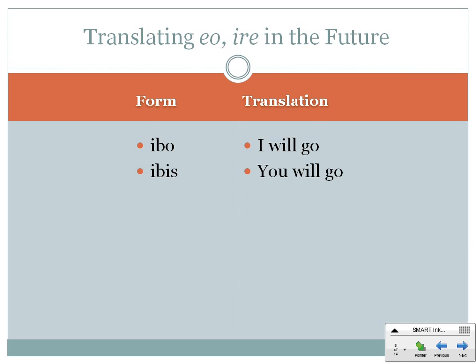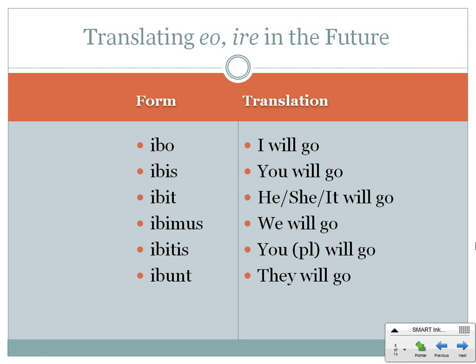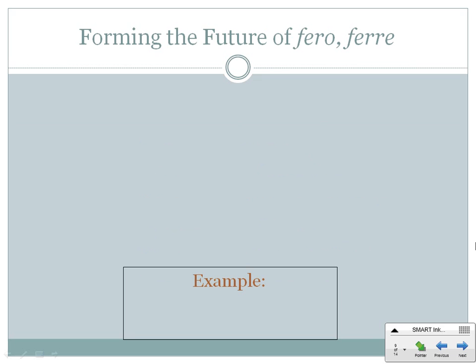So it's going to form as ibo, I will go, ibis, you will go, ibit, he, she, it will go, ibimus, we will go, ibitis, you all will go, and finally ibunt, they will go. And like I said, eo, ire is the only irregular verb to use the bo, bis, bit that is found with the first and second conjugations that are regular.